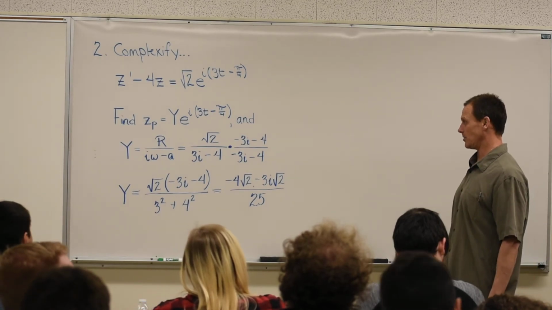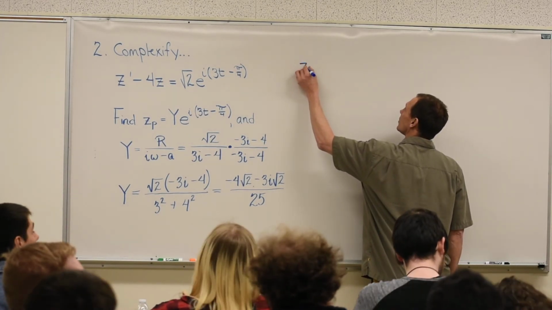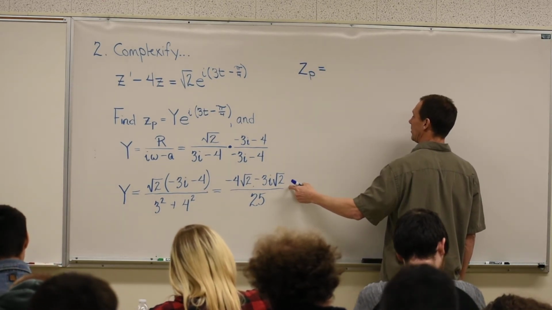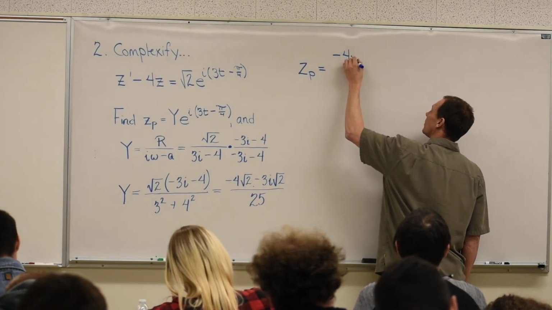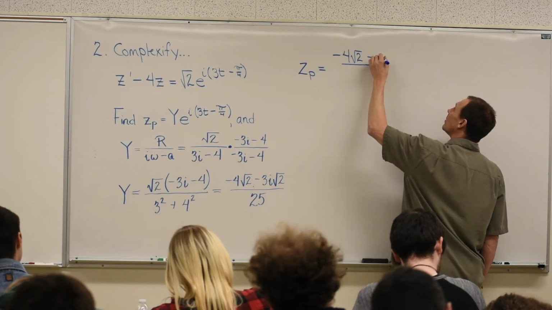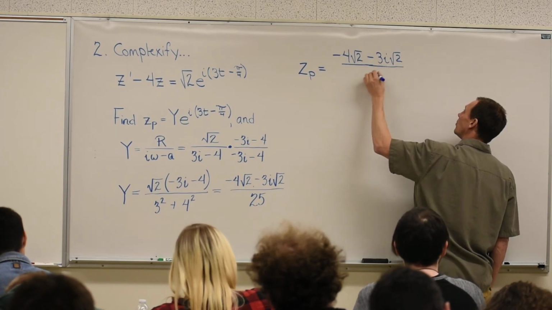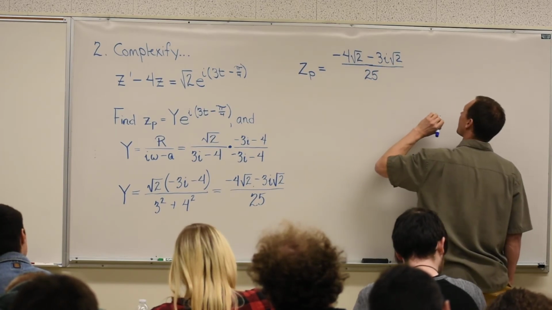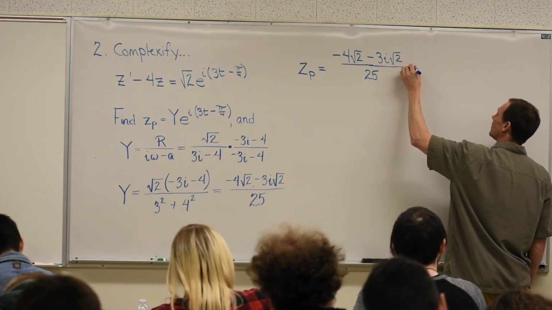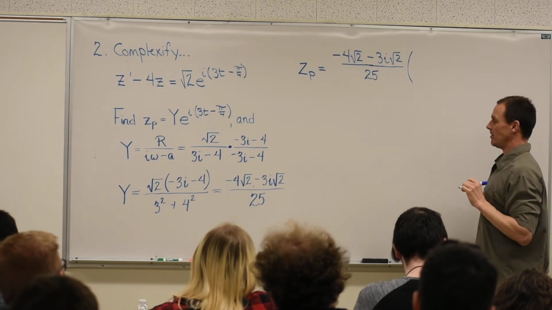Okay, one minute, I'll show you how to write this. So our solution, I'm going to write z particular, is this whole piece: minus 4 square root of 2 minus 3i square root of 2 over 25 times, I'm going to write it this way, parenthesis, let's expand this.